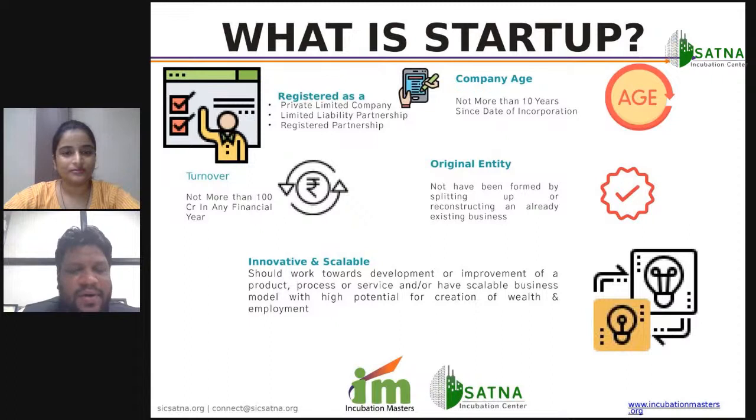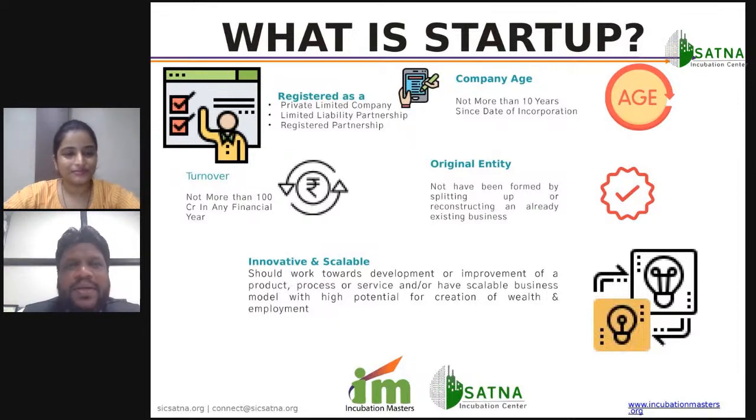So first we have gone through who can avail this benefit. That is private limited, LLP, and registered partnership. Now, coming to the criteria of the company age, how old a company can avail. Earlier it was 7 years. Now they have modified and increased the limit to 10 years.